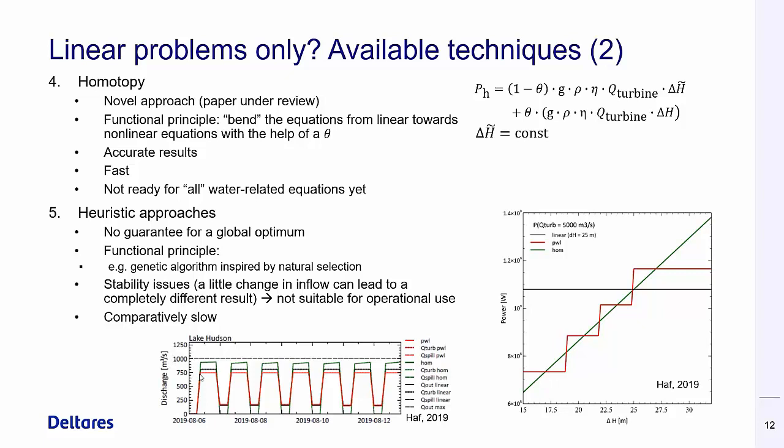The linear and the piecewise linear, here in black and red, cannot account for that, because there the head difference is always set to a constant value, and only the homotopy is able to represent this increase of discharge. And here's a generation request, a load balance request, behind. And then this is also related to the homotopy and piecewise linear.